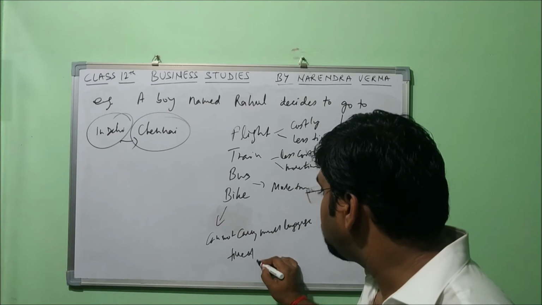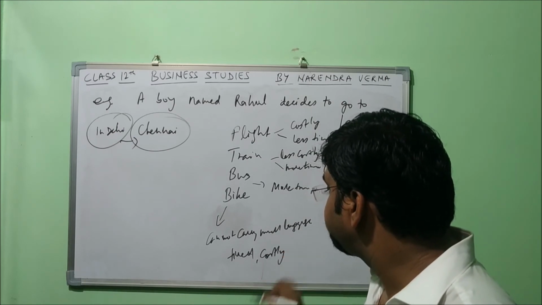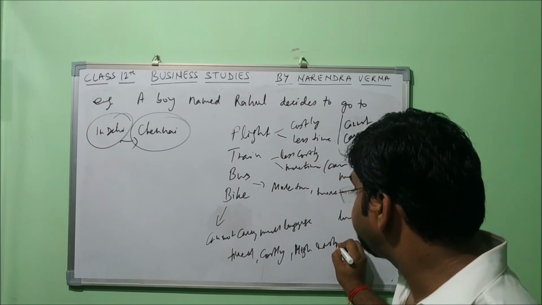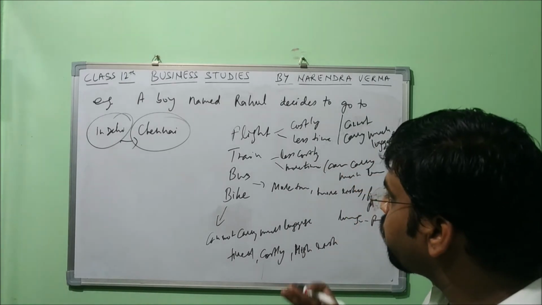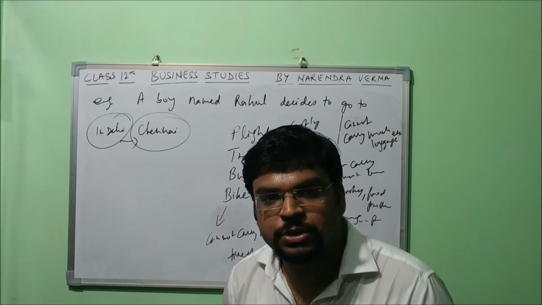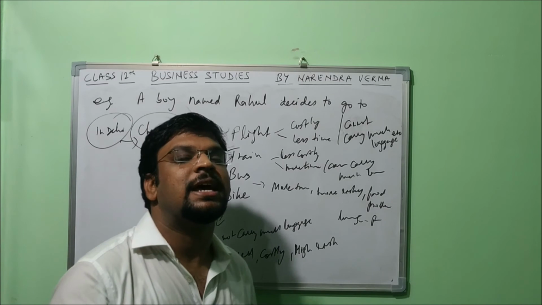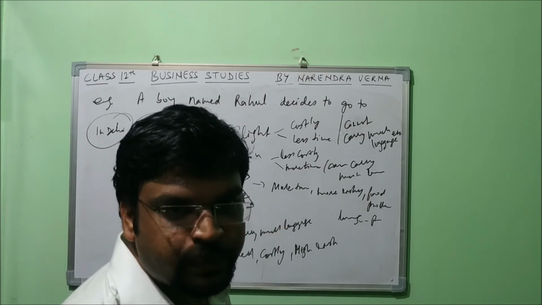Maybe much costly as well, and very high risk is there. So when he is thinking about all these options and seeing the pros and cons of all of them, he is exercising this step of evaluation.